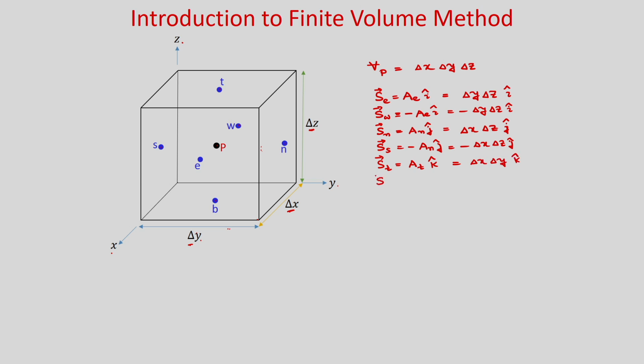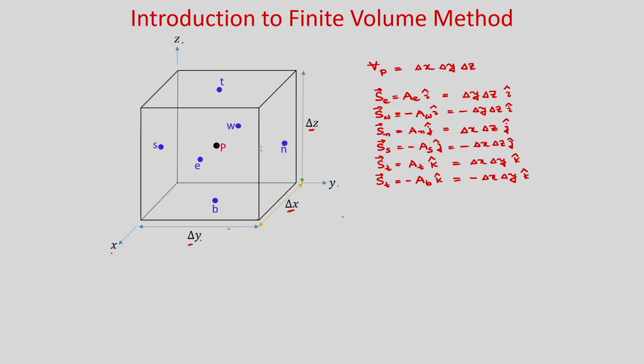And similarly the bottom, with unit vector in the negative z direction, so A bottom k is equal to minus delta x delta y k.